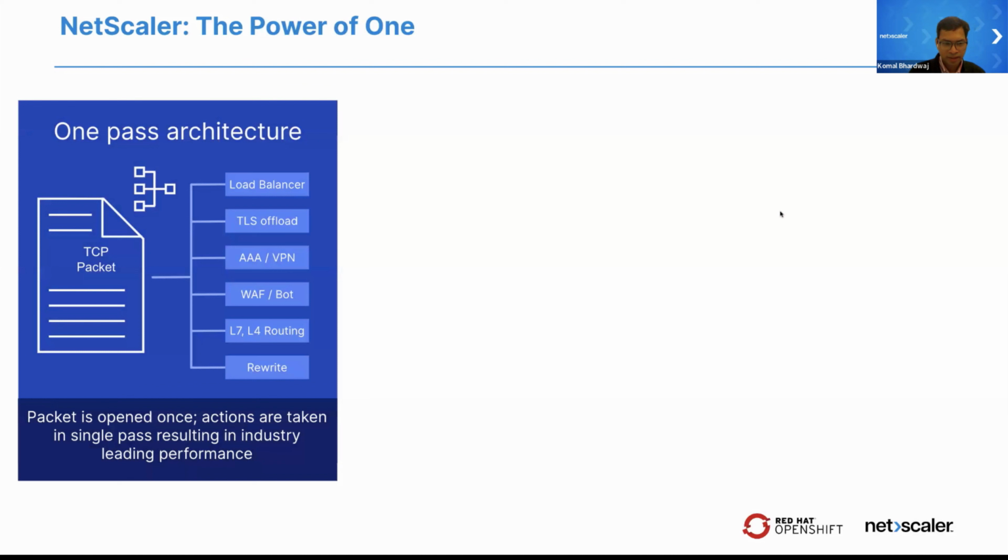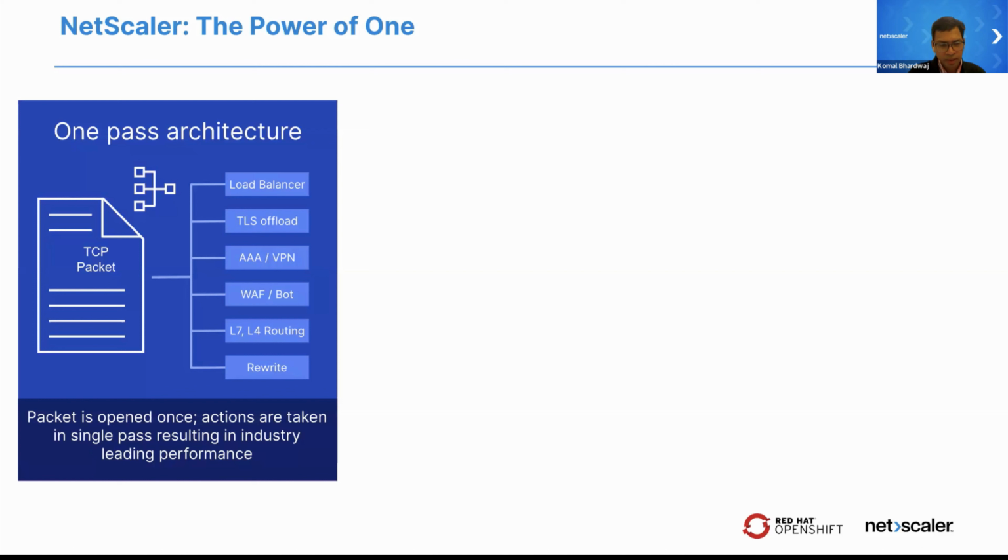Well, so let me start with NetScaler. As Cameron had talked about the full stack of offerings that OpenShift provides, NetScaler has been a part of the application delivery framework for well over 2 decades now, and it has established itself as one of the frontier ADCs, application delivery controllers.